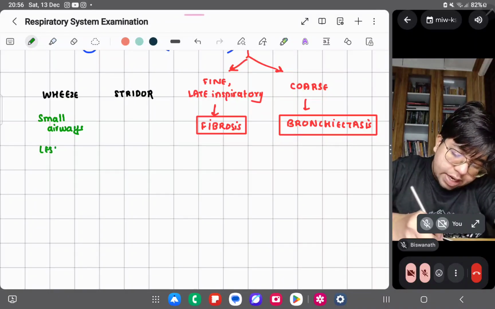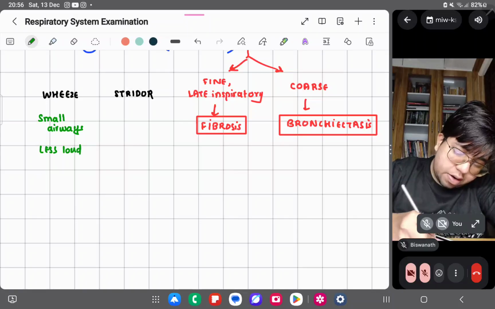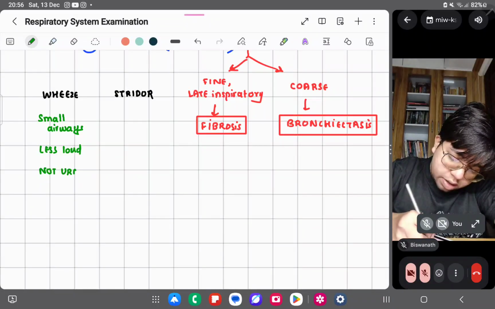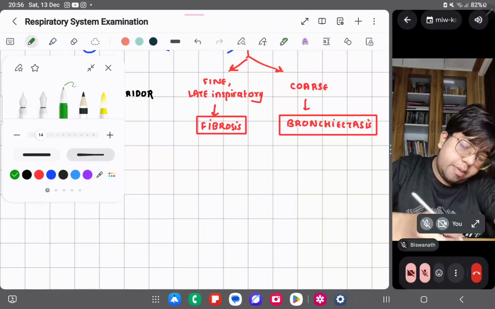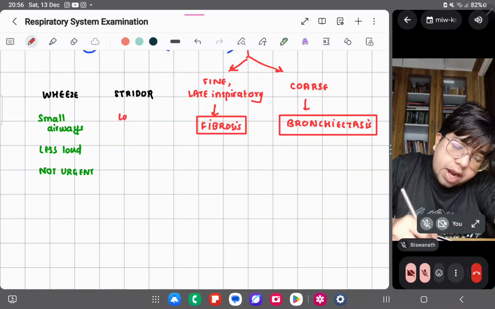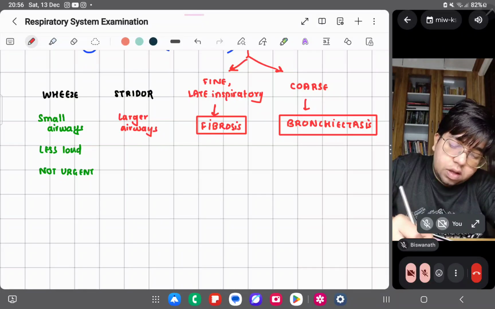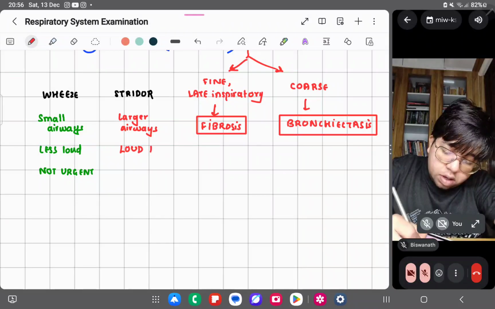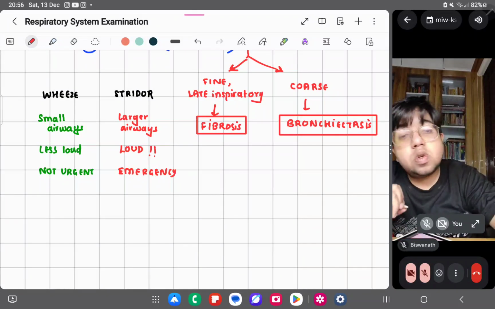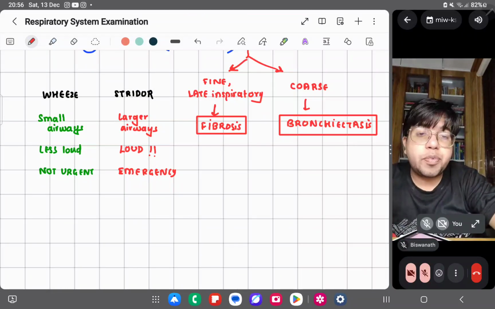It is less loud, not urgent. But stridor is of larger airways. This is loud and this is an emergency. So these things you have to understand.